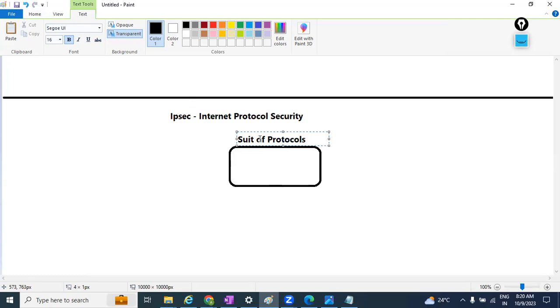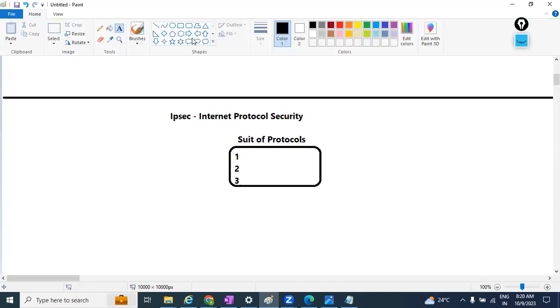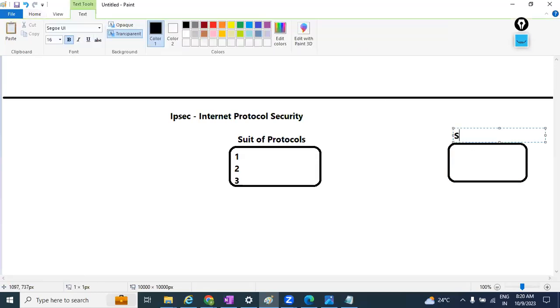In this we have different types of protocols, like protocol 1, protocol 2, protocol 3. So this is one of the boxes here. Same in the future, we would talk about SSL, which is again the same sort of protocol, where again we have multiple protocols inside it, 1, 2, and 3. 3 is just a number.